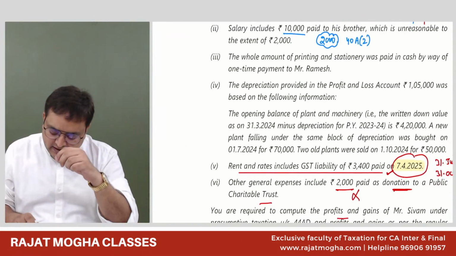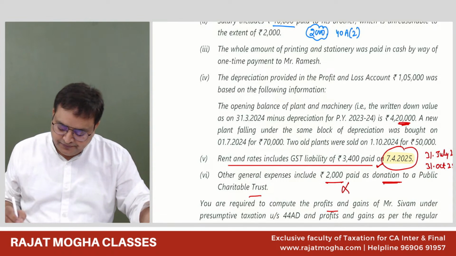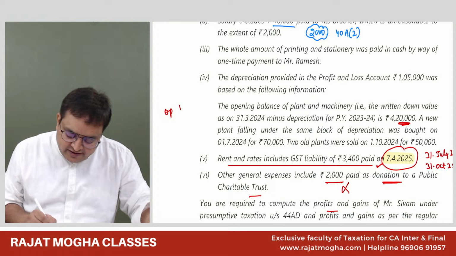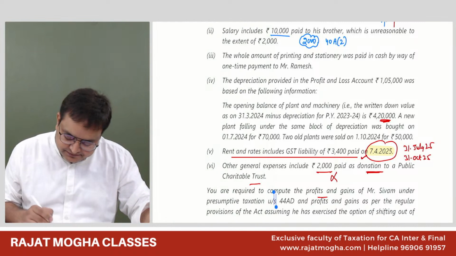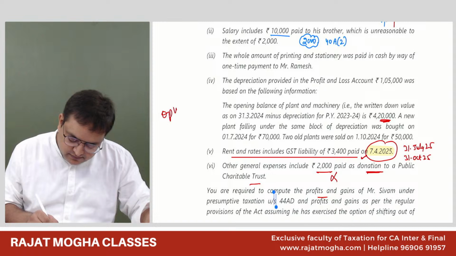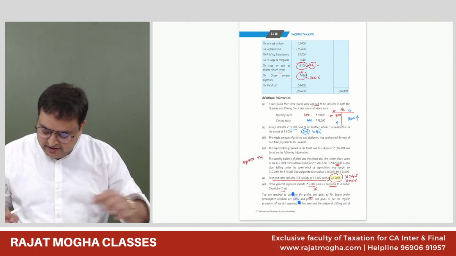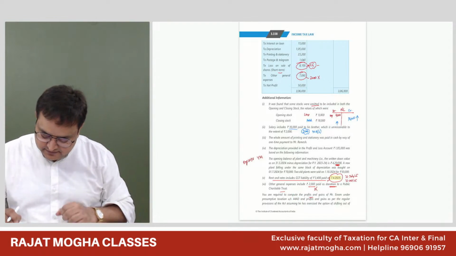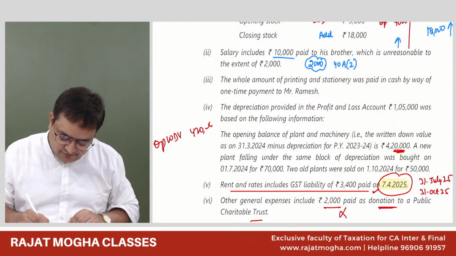Okay, let me quickly compute the depreciation, guys. How will we compute the depreciation? So the opening WDV is 4,20,000.